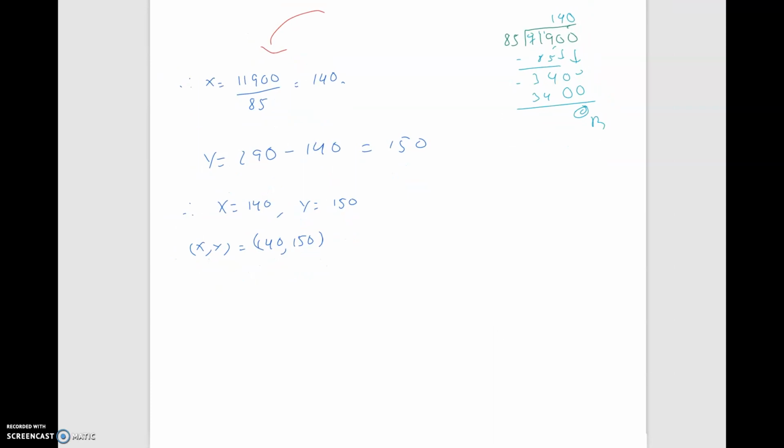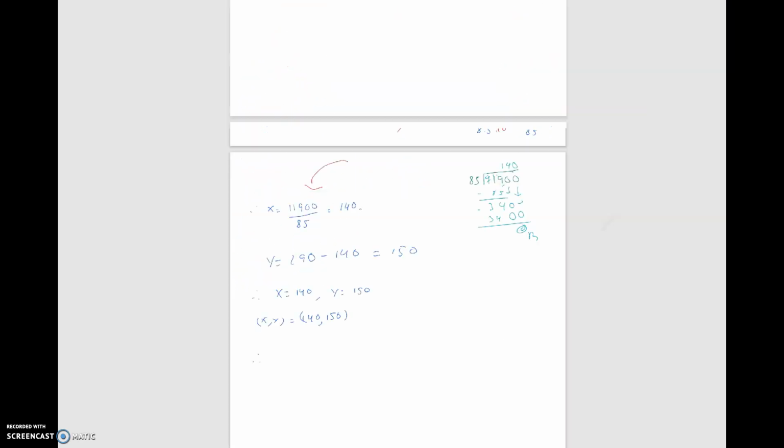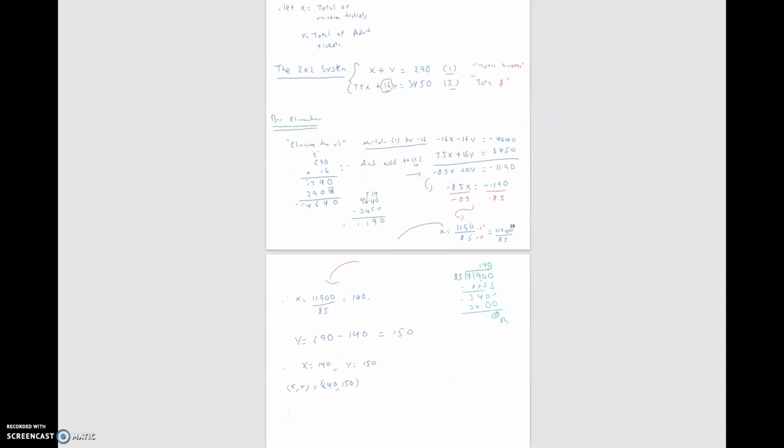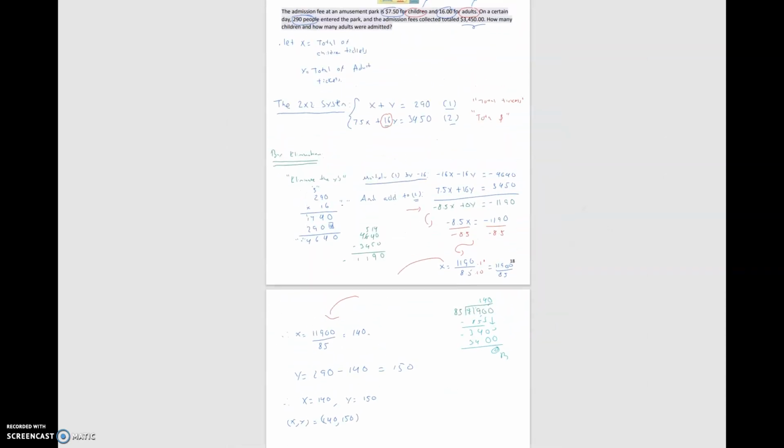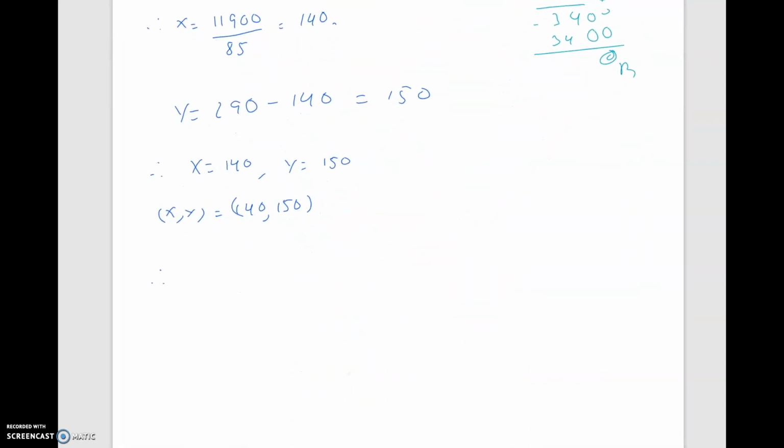And then let me finish this as a sentence. So they're asking for, well, how many children and how many adults were admitted. So we can actually say that a total of x is equal to 140.